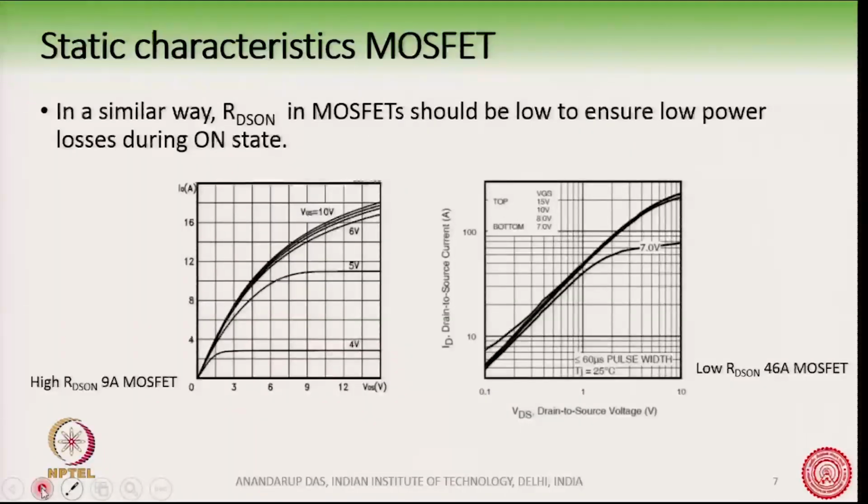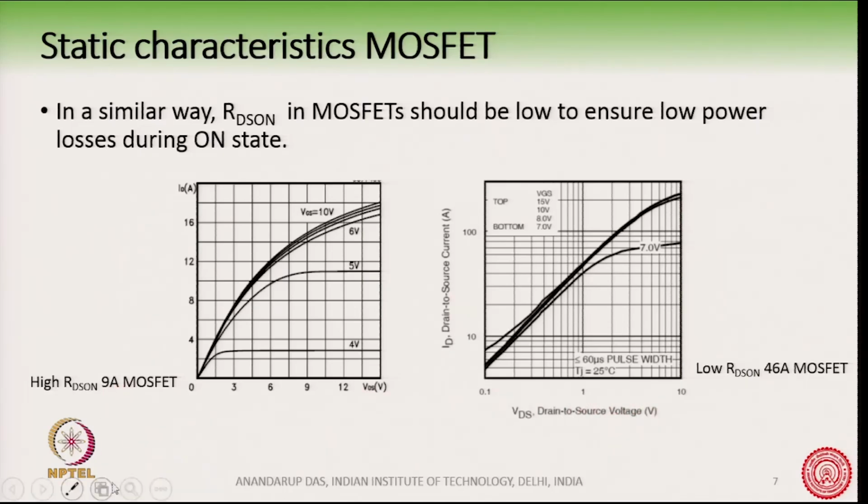In a similar way, for a MOSFET also the same phenomenon happens. Here we have shown two curves from the data sheet of two MOSFETs, one is a 9 ampere MOSFET and the other one is a 46 ampere MOSFET. And again we are plotting ID versus VDS here, here also ID versus VDS.